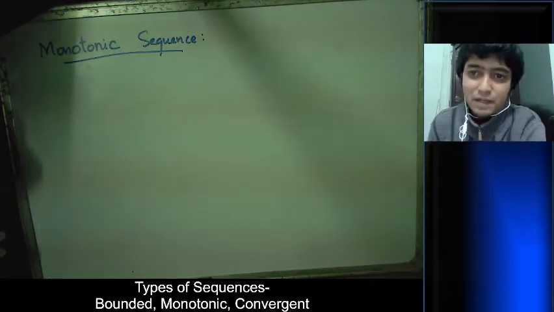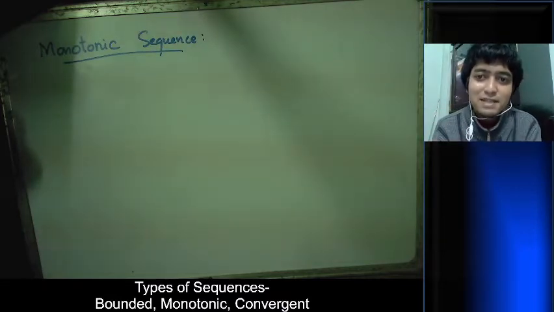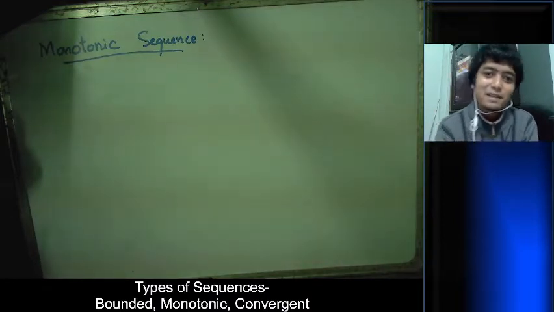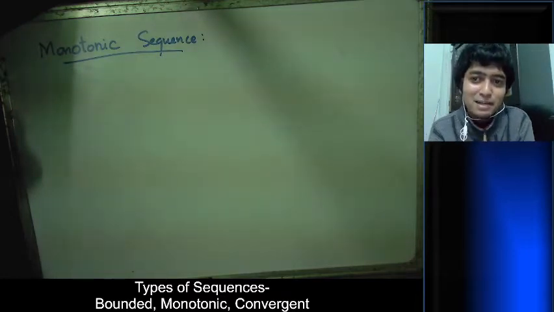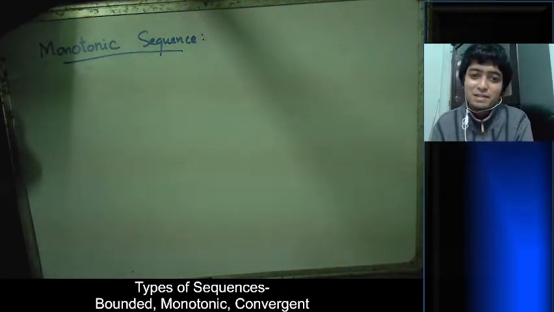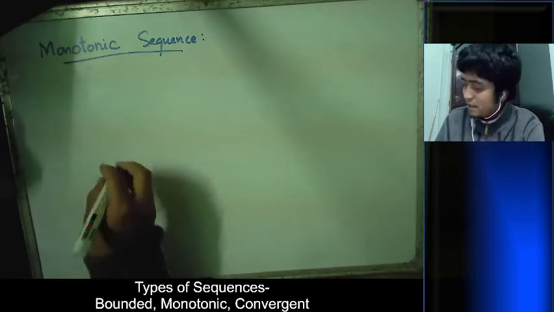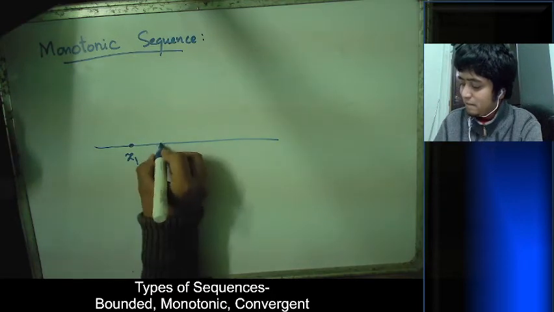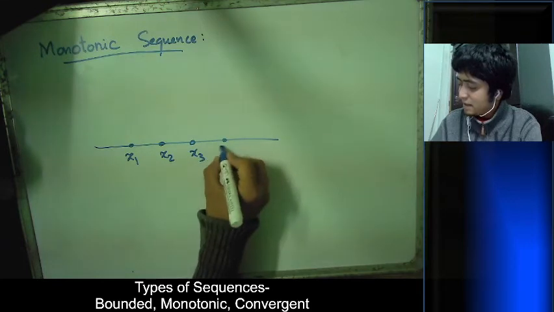Okay, so if you remember, we had actually encountered something similar when doing calculus about monotonic functions: monotonic increasing and monotonic decreasing. Similarly, we can have strictly monotonic increasing, strictly monotonic decreasing. So what is happening in monotonic increasing? If you plot it in the number line, you will have x1 over here, x2 here, x3, x4.